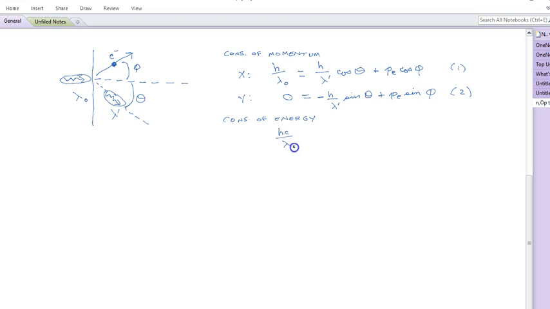Remember, energy of a photon is hf, frequency, or I can write it as hc over wavelength. So that energy is what comes into the collision. What leaves is the scattered photon energy, hc over lambda prime, plus the kinetic energy, big K, of the outgoing electron. So this is equation 3.